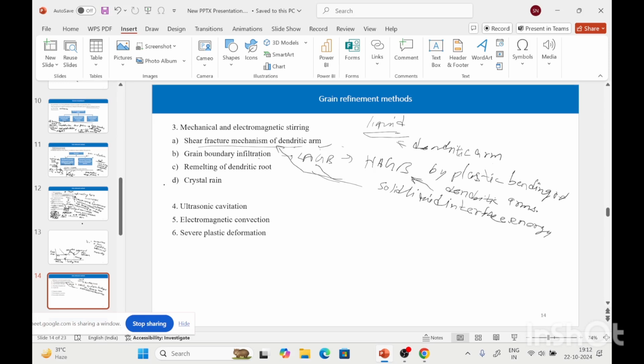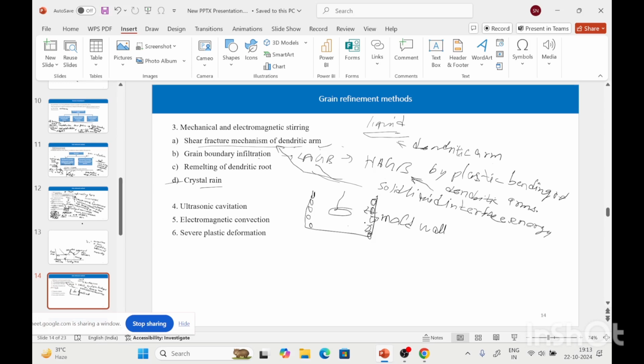Then remelting of the dendritic root can happen because of the stress associated around the root of the dendritic arm. Then crystal rain happens, as we know that the nucleation rate is high at the mold wall, and when mechanical stirring is applied in the melt, the crystal nuclei formed around the mold wall will detach from the mold wall and disperse in the liquid.